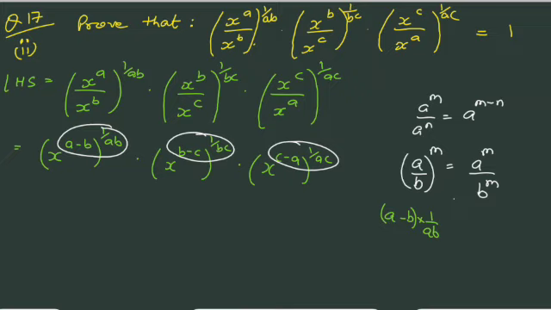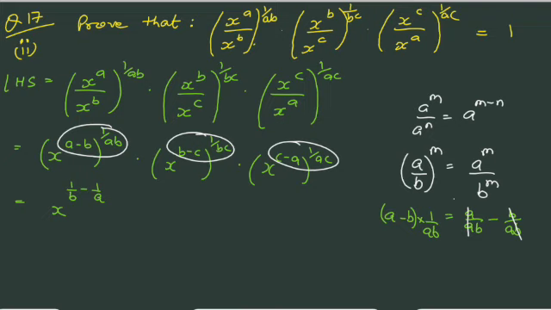So denominator can be split to both the terms. This will be a upon ab minus b upon ab. A cancels in the first term, b cancels in the second term. What is left is x raised to 1 upon b minus 1 upon a.